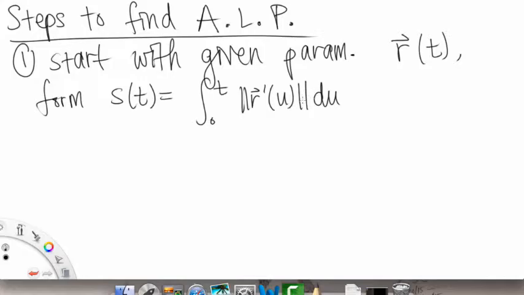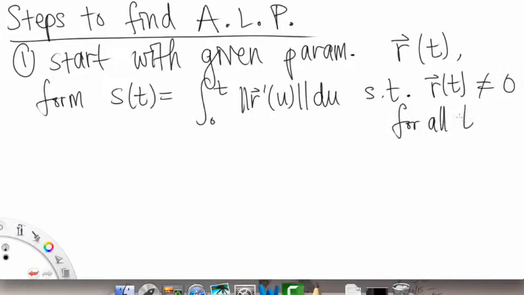This is our arc length function, and this is such that r prime of t does not equal 0 for all t. And this last condition just means that we don't have the 0 function and it's not just staying at the origin, and that there actually will be some kind of length going on. So you don't have to worry about that second part. It's mainly just you're going to form your arc length function. So that's the first step.